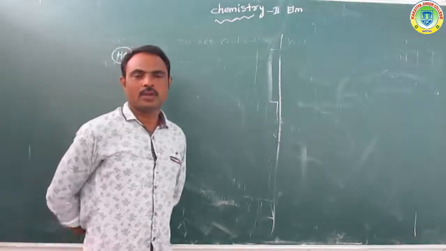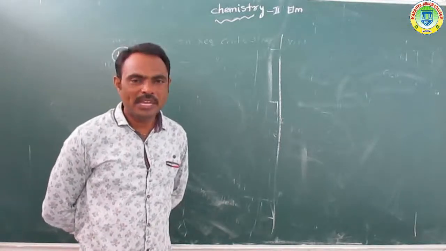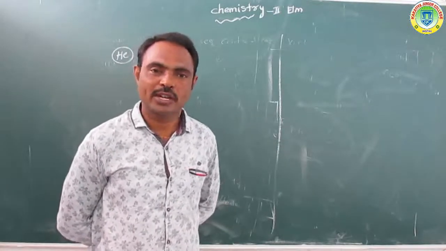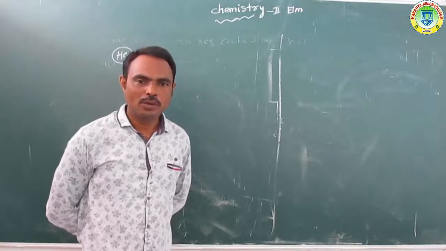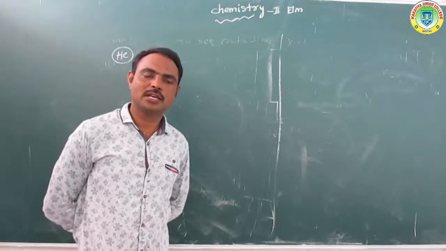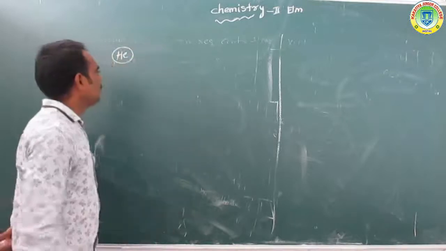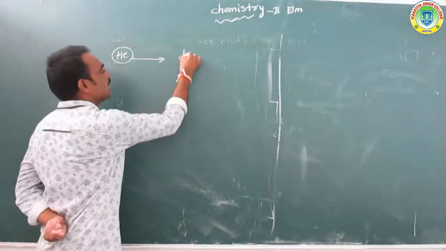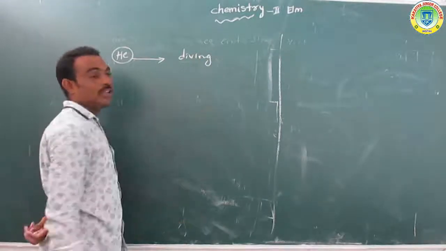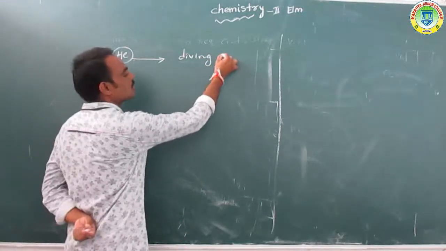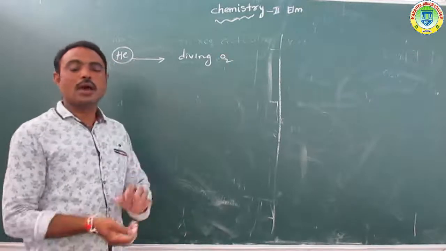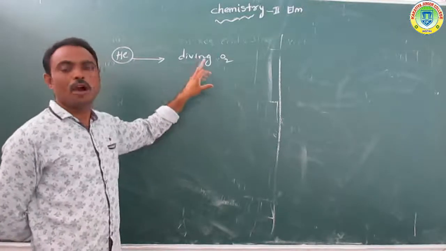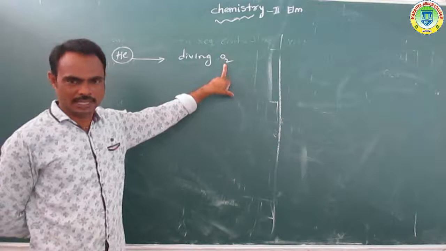Helium is a very important and useful element. It is mainly available from natural gas. It is also available in the sun and stars. Helium is mainly used in diving apparatus, with oxygen, in our oxygen cylinders.